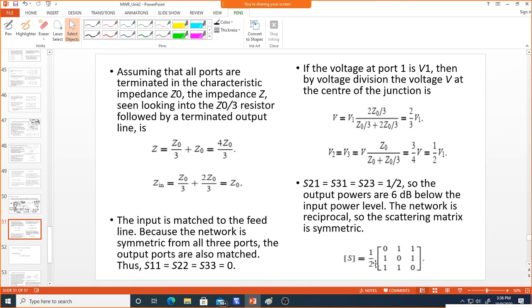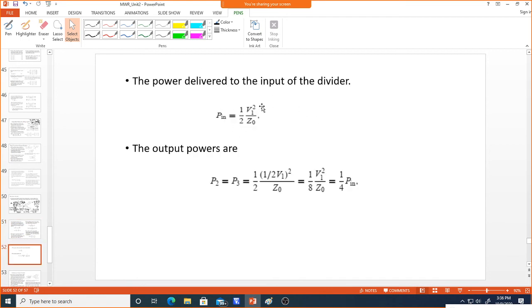So this will be the S matrix, and the power delivered at the input side will be half of V1 squared by Z0. The output powers P2 equal to P3 will be half into, substituting the value of P in, since the power is divided equally, 1 over 8 into V1 squared by Z0, which is equal to 1 by 4 P in.